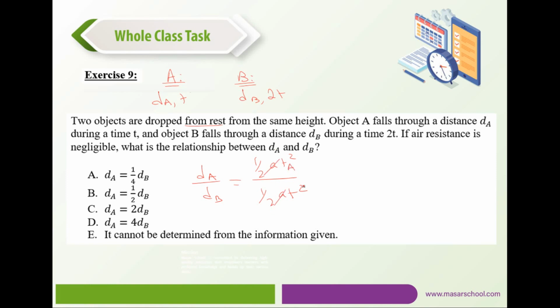This is tA and this is tB. That would be tA square over tB square. We know that the time of A is given by simply t, and the time of B is given by the double of t. That would be 1 over 4. So dA over dB is equal to 1 over 4. That means dA is 1 over 4 dB, and the correct answer is A.